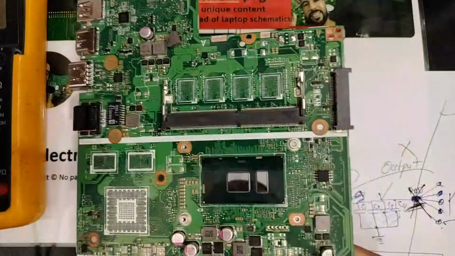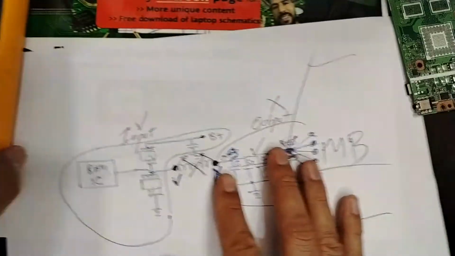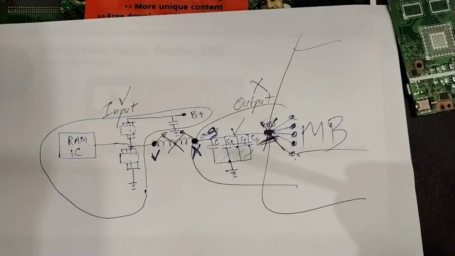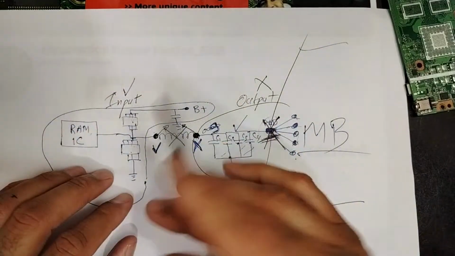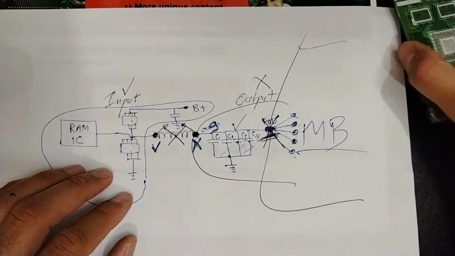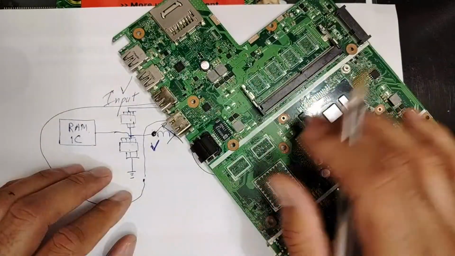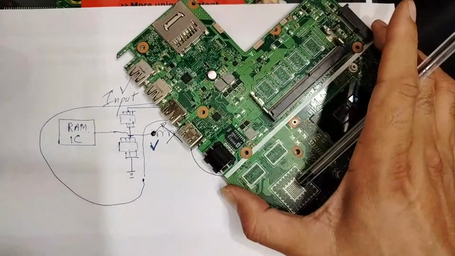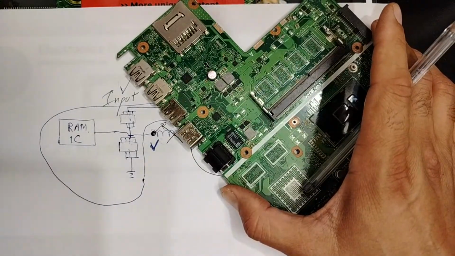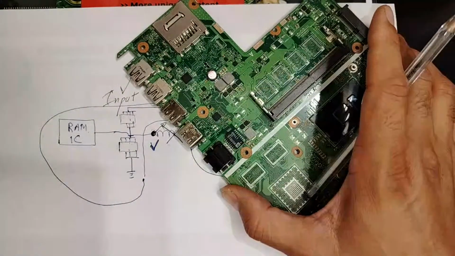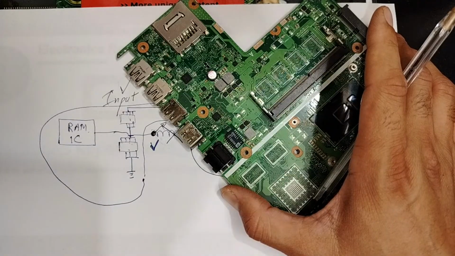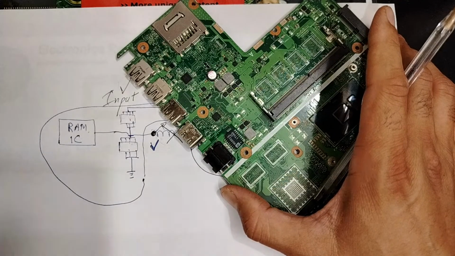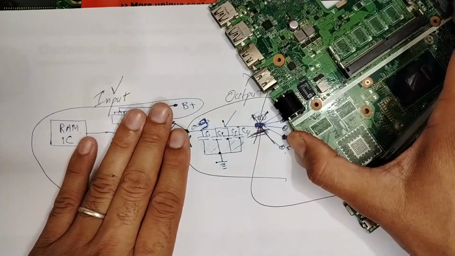Okay. What we find right now, guys, is that we will see other motherboards likely, with many shorts. We will use the same process for many motherboards. I have here a lot of shorted motherboards.